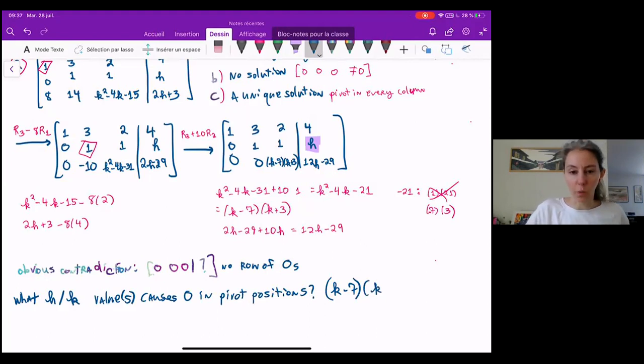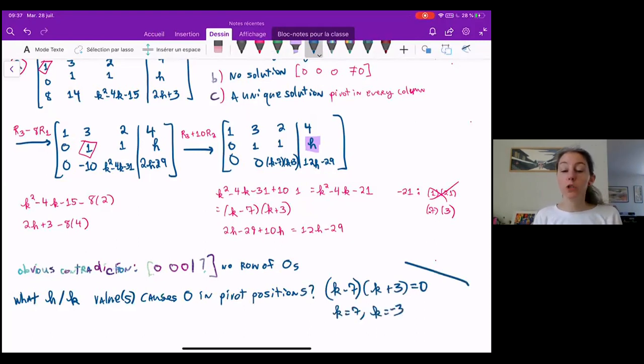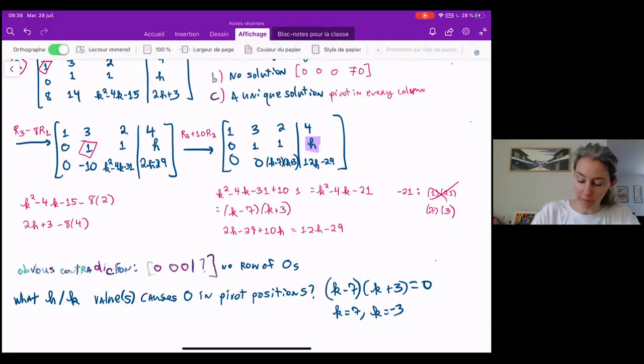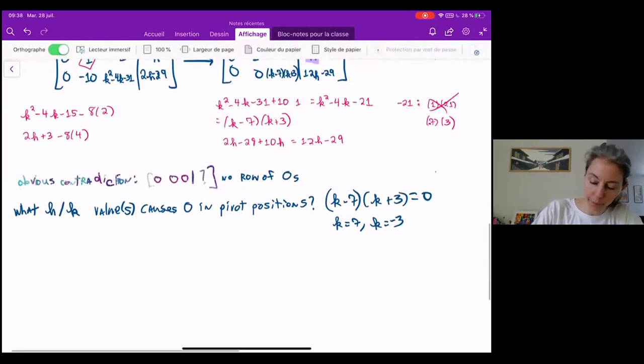Adam, that is an answer to one of the three things. k equals 7, k equals negative 3. So what this tells me is that when k is not these things, there is a unique solution. When k is not these things, I have a pivot in every column.